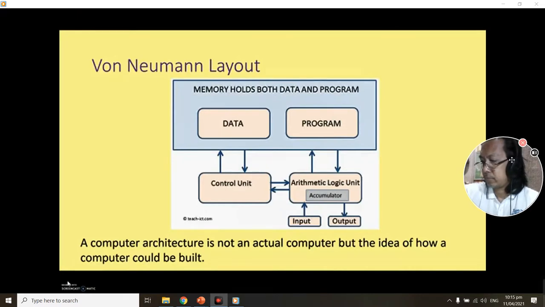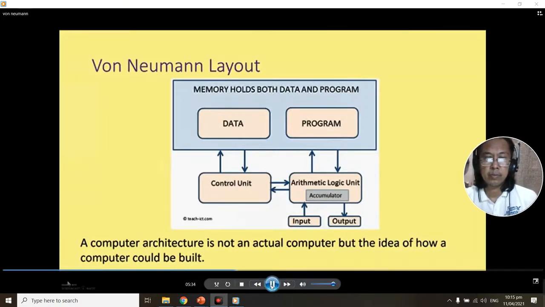We also have things like the control unit, the arithmetic logic unit, we've got input, outputs, we've got accumulators, we've got lots of other features. One point to make is that when we talk about computer architectures, we're not talking about a specific design for a specific computer system. We're talking about something that is more abstract and that can be applied to lots of different computers, as the von Neumann architecture was.